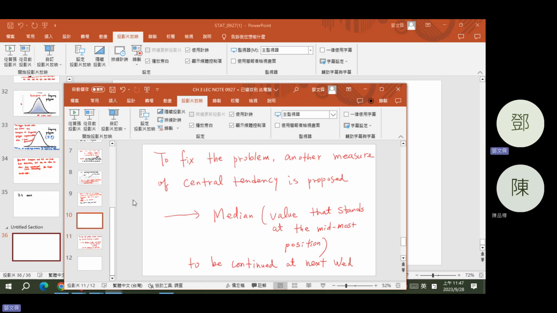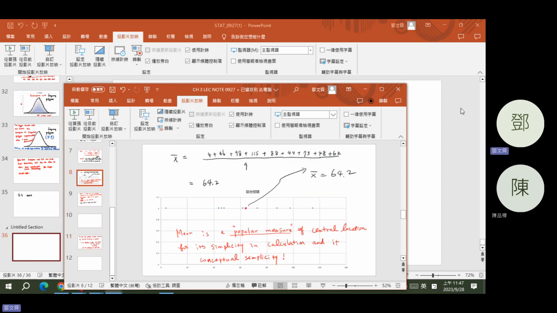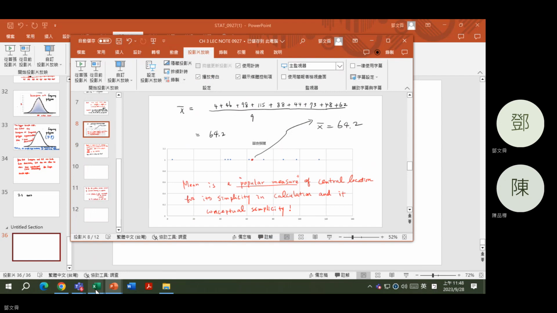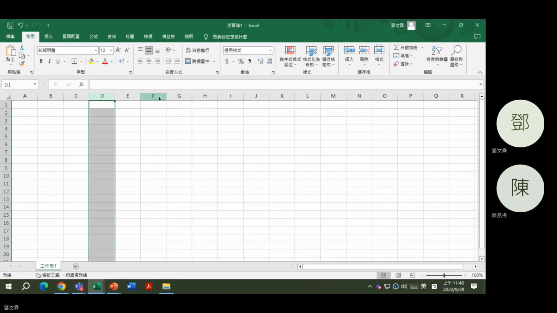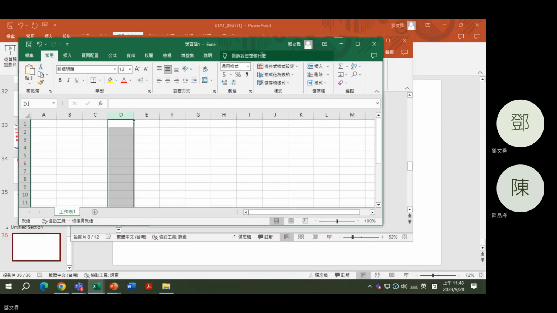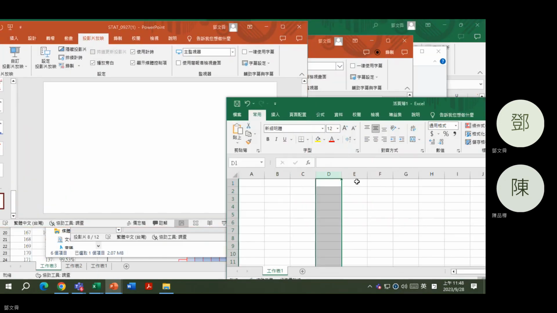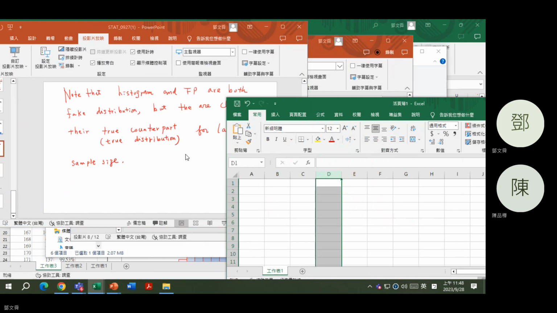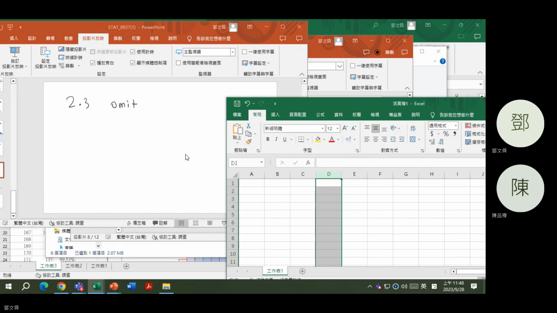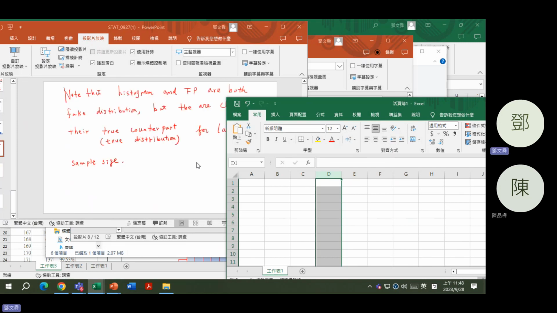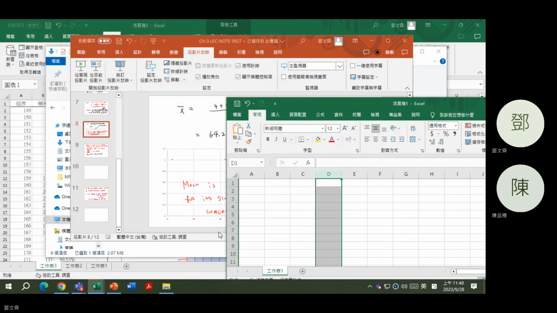Let's go back to the example here. Not this one, this one.